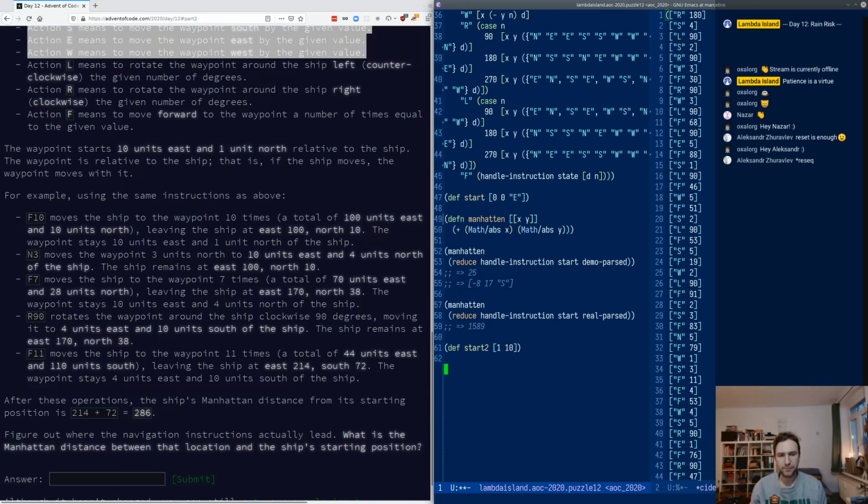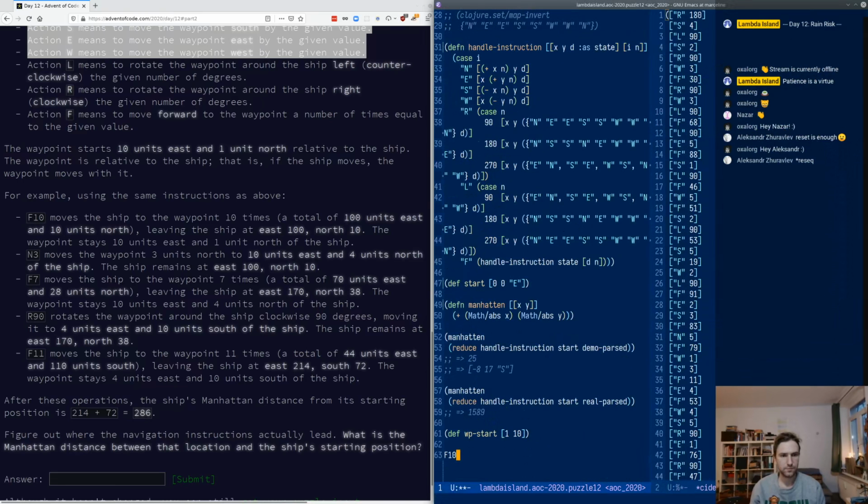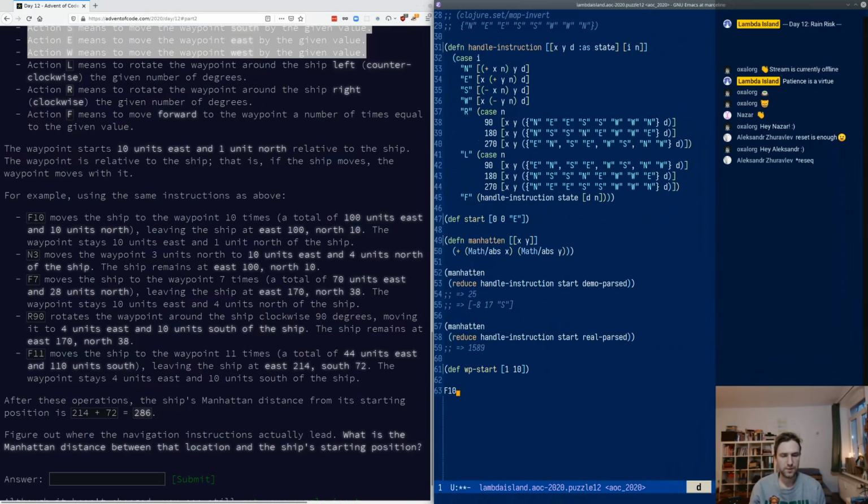And then we have F10. Our waypoint start is 110, and the ship start is still the same, 00. Let's make sure we understand this so that we're not doing the wrong thing.